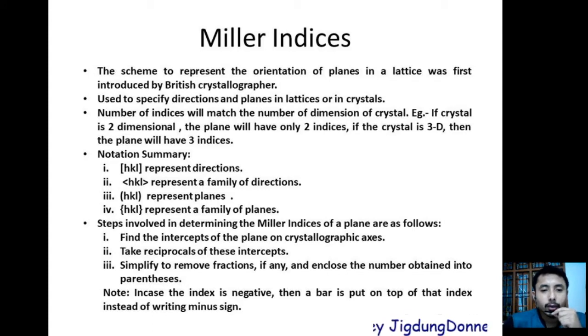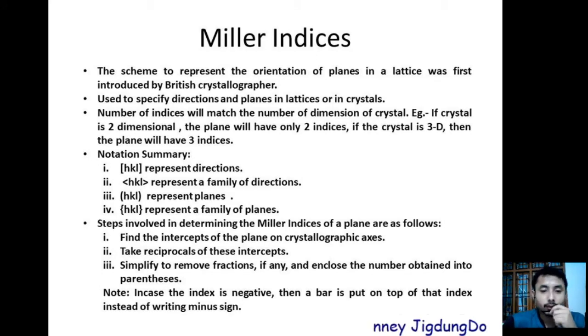The steps involved for determining the Miller indices of a plane are given here. First, you have to find the intercepts of the plane on the crystallographic axes. Then you have to take the reciprocal of those intercepts, and if the fraction has to be simplified, then you multiply by a whole number.